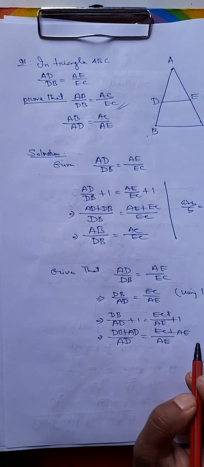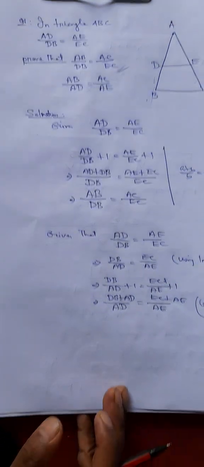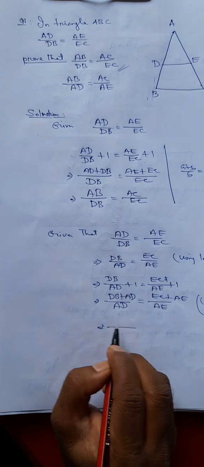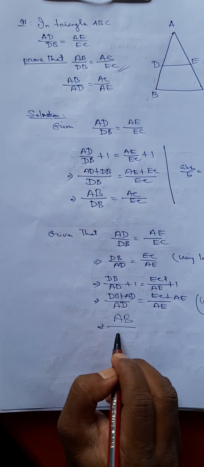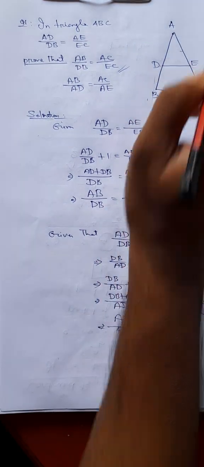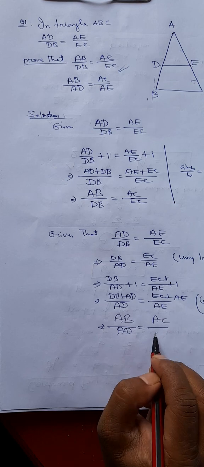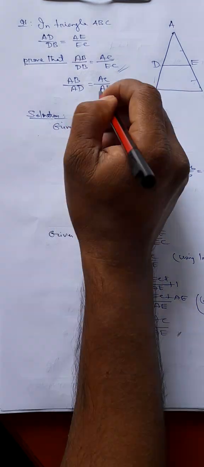So here we use componendo. Now this becomes DB plus AD. DB plus AD means AB by AD equal to EC plus AE. EC plus AE means AC by AE. So we proved the second one, right?